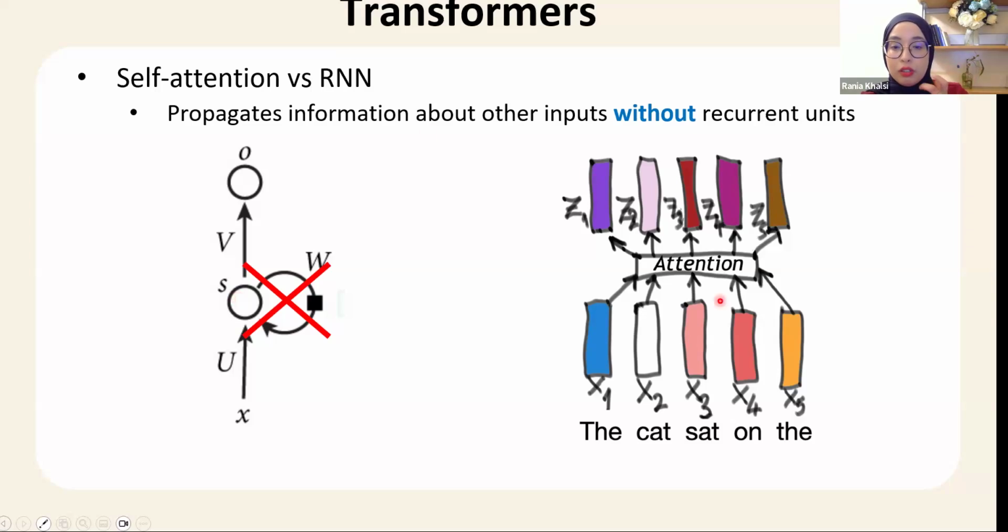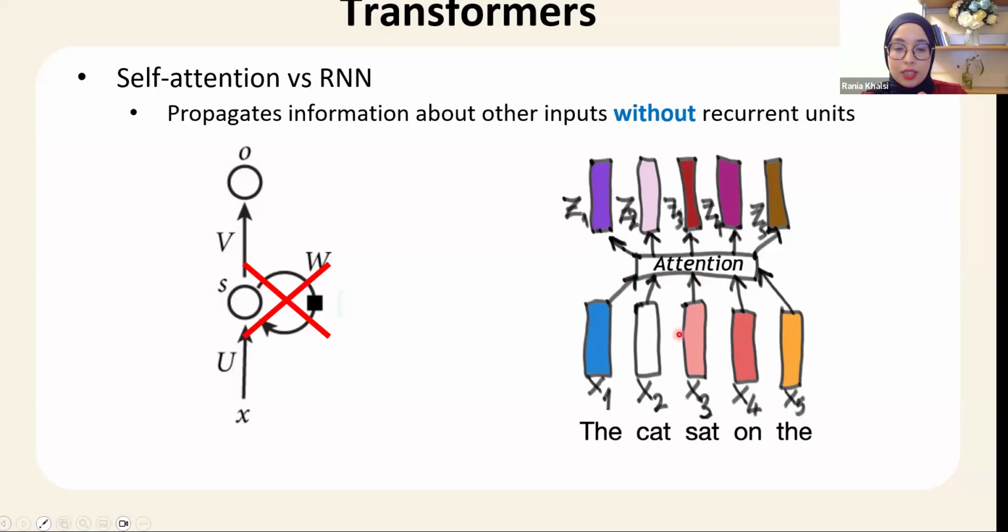Now for transformers, we remove this entire recurrent structure, so we don't have it anymore, and we completely cut the loop. Instead, they use something more powerful, which is self-attention.